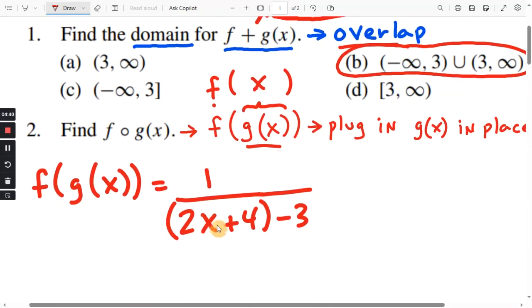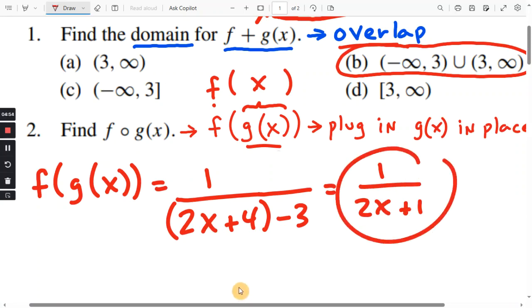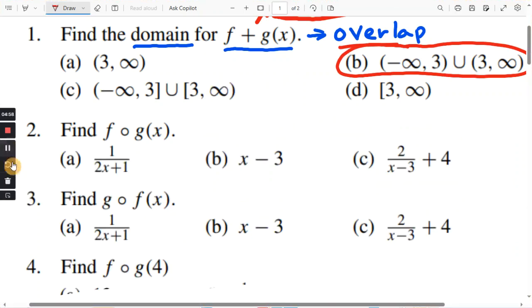This was your x in the f function, and we just plugged it in. That's going to be 1 over 2x. Combining like terms, 4 minus 3 is positive 1. That's it. And that is answer A, 1 over 2x plus 1.